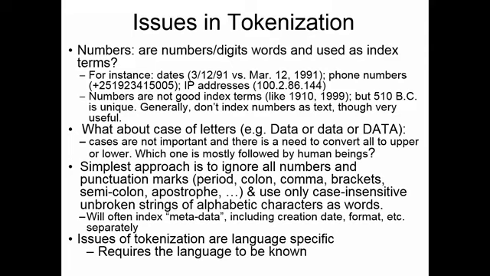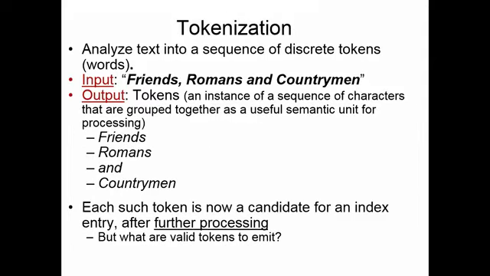So by analyzing, we have to decide what words we have to use. How can we identify the words to use for indexing and searching? Given an input, for instance, within a quotation mark, there is friends, comma, romance, and countrymen. What word separators do we have to use? Obviously, in English writing, the major word separator is space.